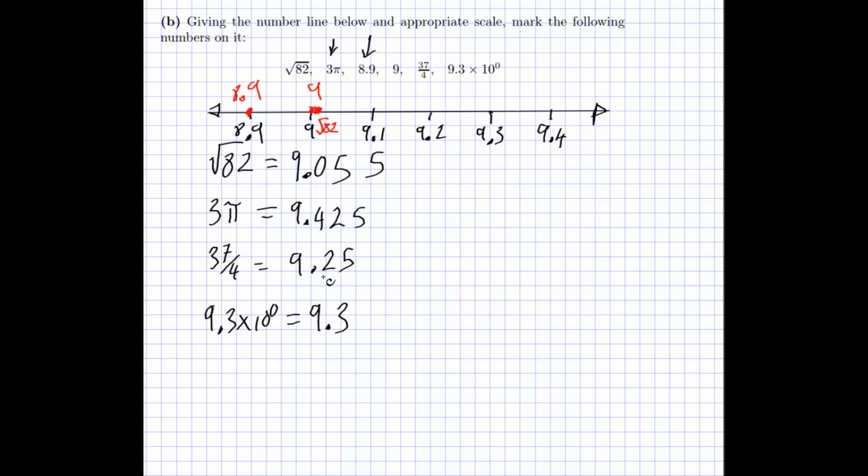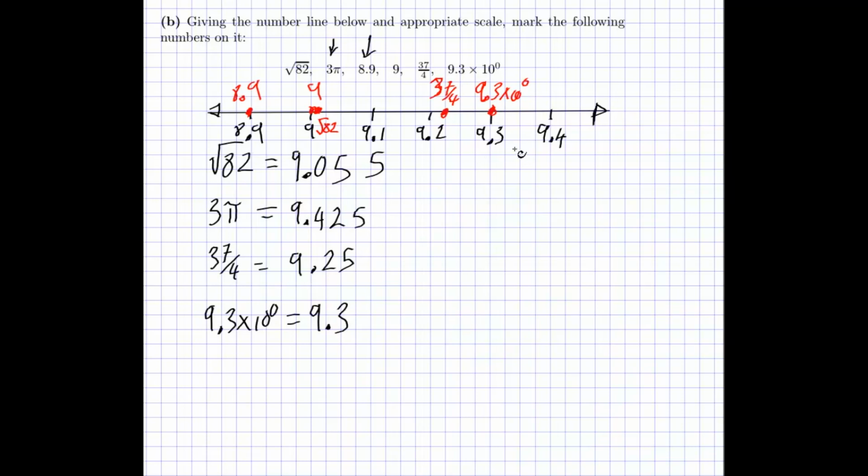The next one in our list is going to be the 37 over 4. That's 9.25, so that is about there. So that's 37 over 4. The next one is 9.3 times 10 to the 0, so that's spot on there. That is 9.3 times 10 to the 0.